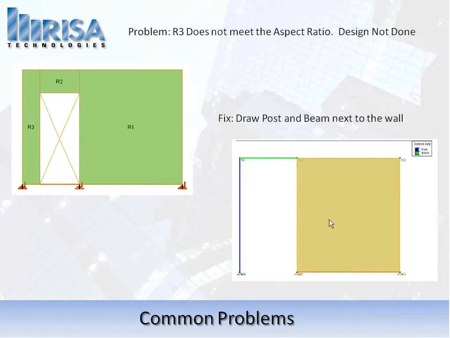A way to work around that is to draw the post and beam in next to the wall and just assume that you're doing the lateral design on the R1 region here. By brute force, we're telling the program specifically to ignore that portion, and I'll carry loads down with the post, and then just design the wall portion over here on the right side. So that's a workaround, a way to be able to build that.